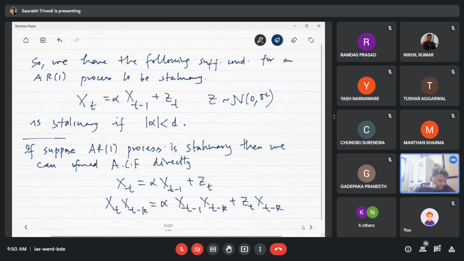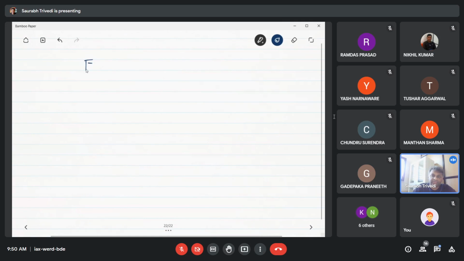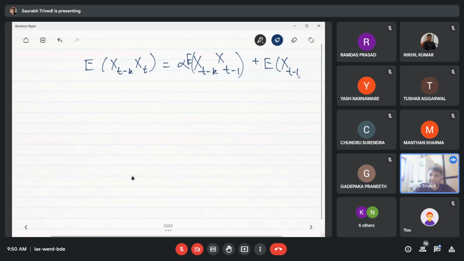And now if I take the expectation on both sides, I get the expectation of xt minus k xt equals alpha times the expectation of xt minus k xt minus 1, plus the expectation of xt minus k zt.